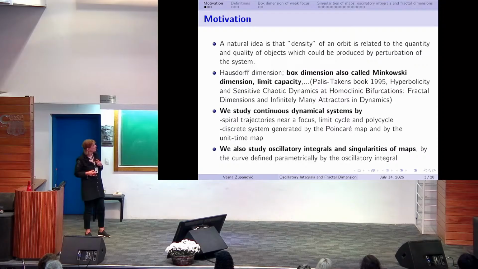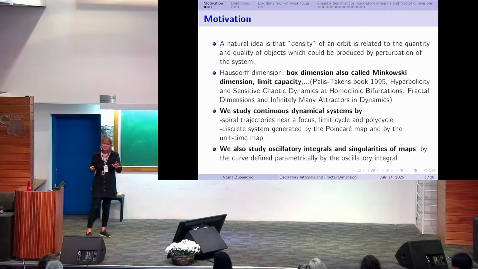A group from IMPA were using this name, limit capacity, in order to obtain some more information, and they had a lot of results about homoclinic bifurcations related to fractal dimension. But this is Hausdorff, and also a box dimension called limit capacity.